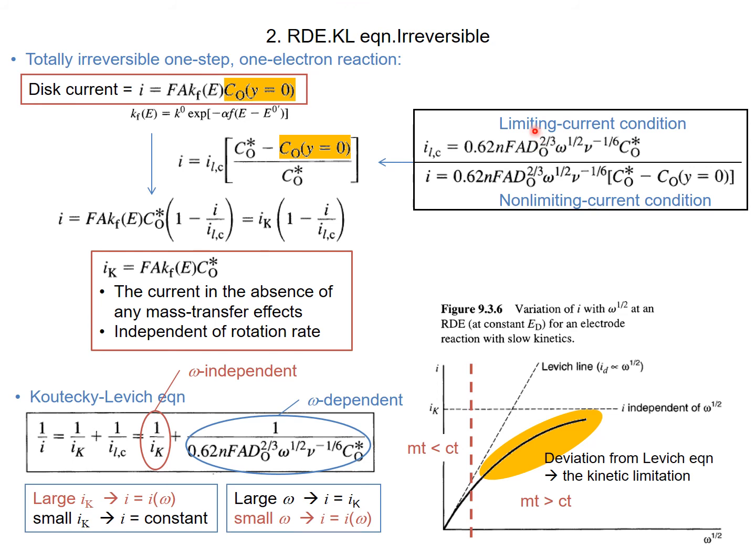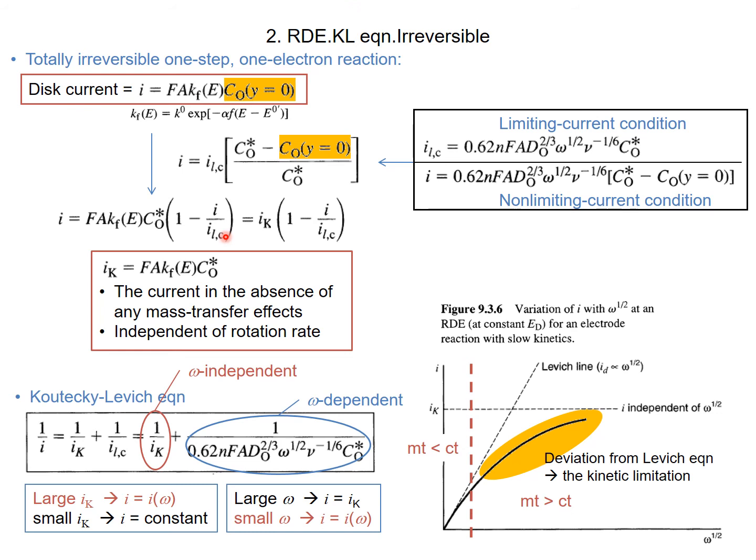Right now, we have two equations, and I'd like to eliminate the surface concentration of the reactant. Then we would obtain the current expression like that. Current is nFA times the forward reaction rate constant, times the bulk concentration, times 1 minus the ratio of current to the limiting current.